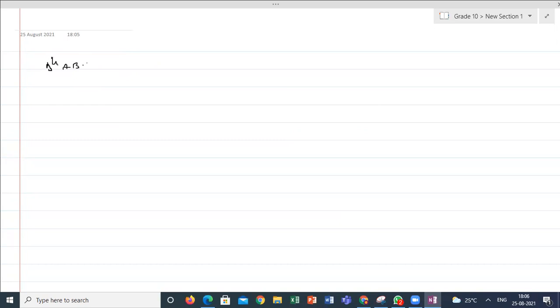Triangle ABC and triangle PQR are similar to each other. Two similar triangles. Then prove that.